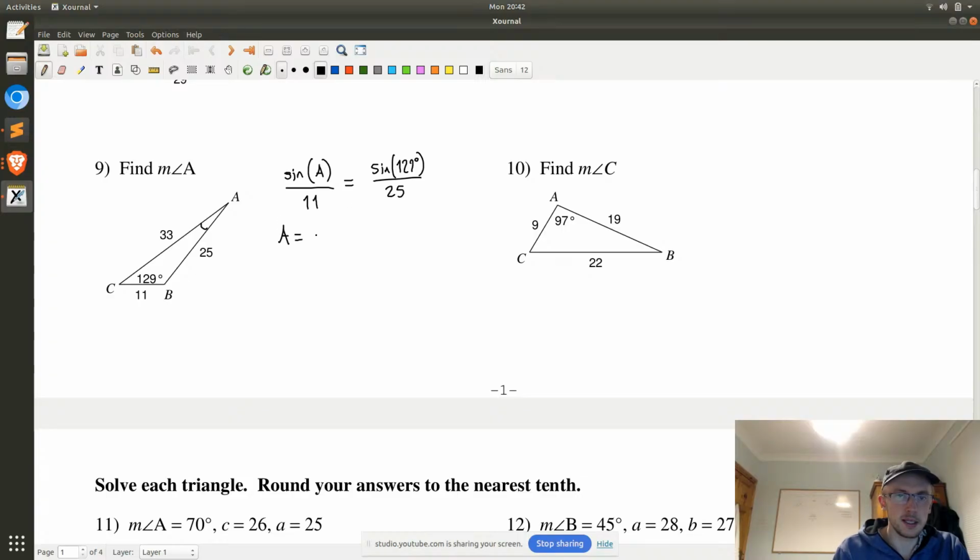So A is the arcsine of 11 sine 129 over 25. Now, when you do this, you get an answer of 20 degrees.